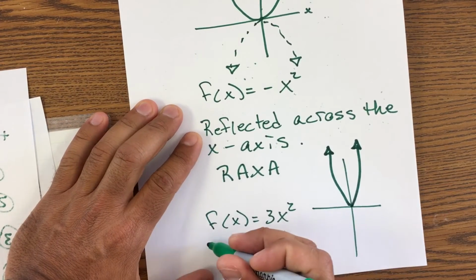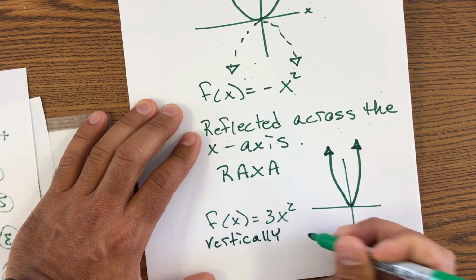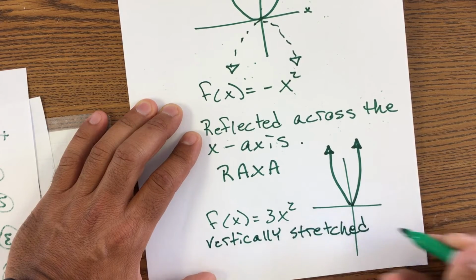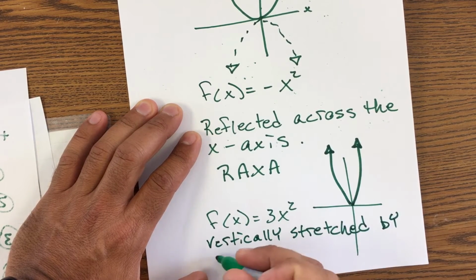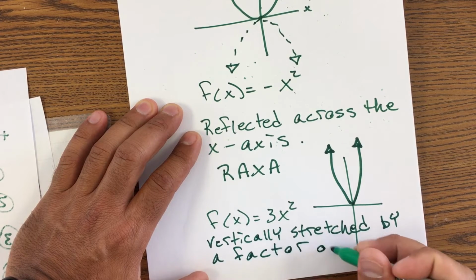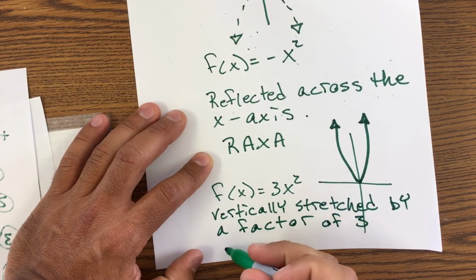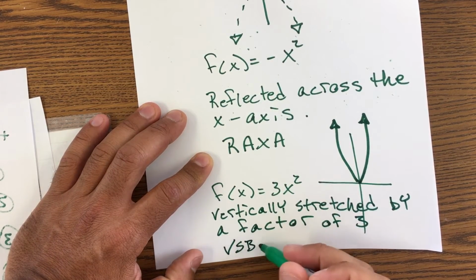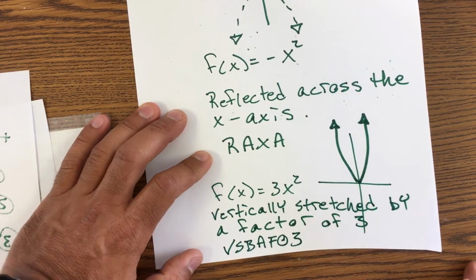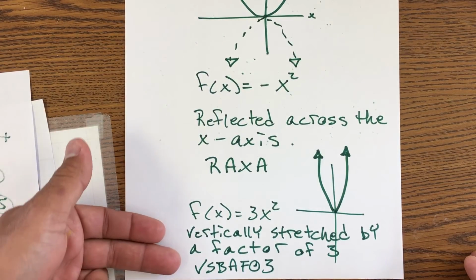So we call this vertically stretched by a factor of 3. Now again, that's a lot to write, so we'll put vertically stretched by a factor of 3. All right, so I can do a reflection and a vertical stretch at the same time.